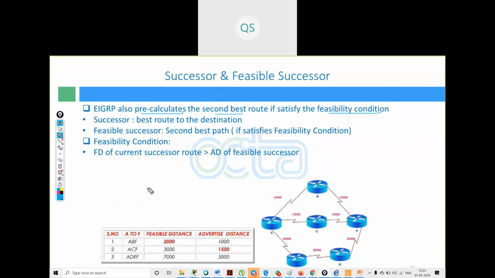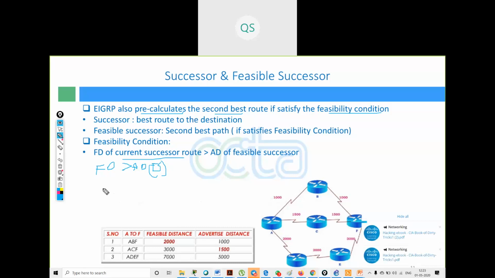What is the feasibility condition? The FD, feasible distance, of the current successor should be greater than the AD of the feasible successor.